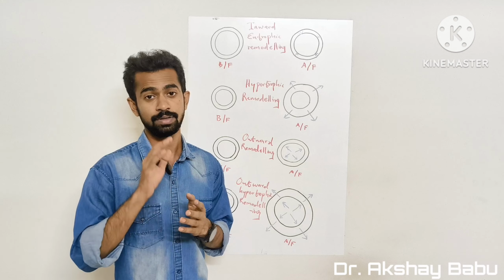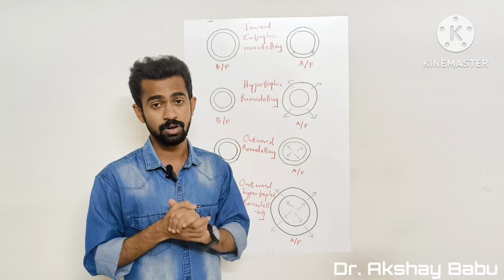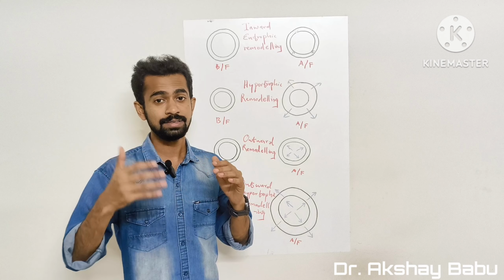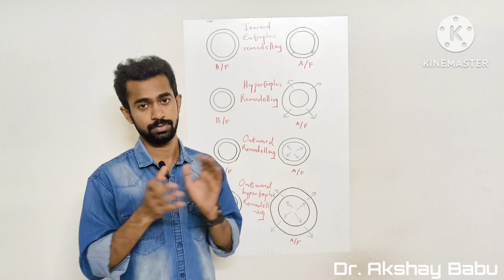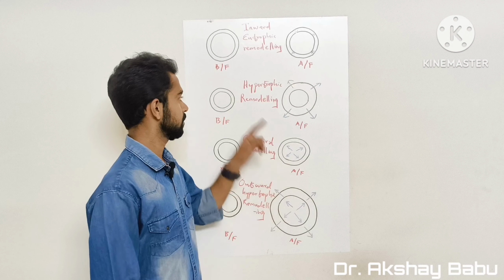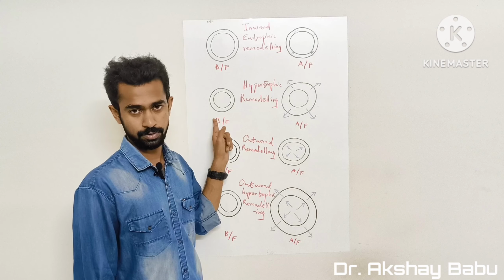So coming to the second one, that is hypertrophic remodeling. In this hypertrophic remodeling, an increase in cross-sectional area of the vascular wall occurs. So you can see this figure. This is before the increase in blood pressure.